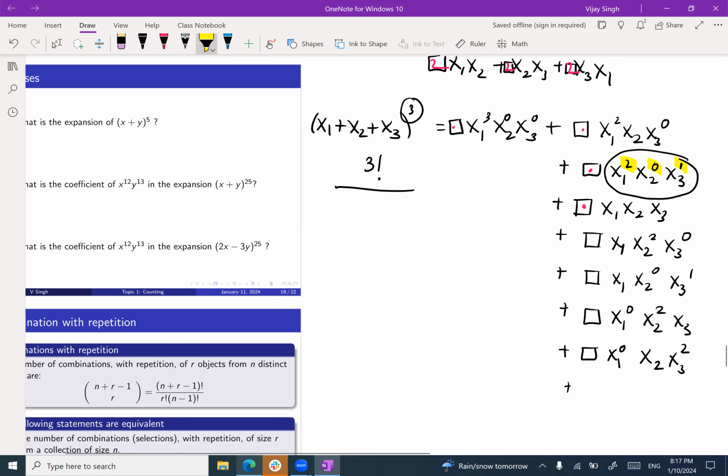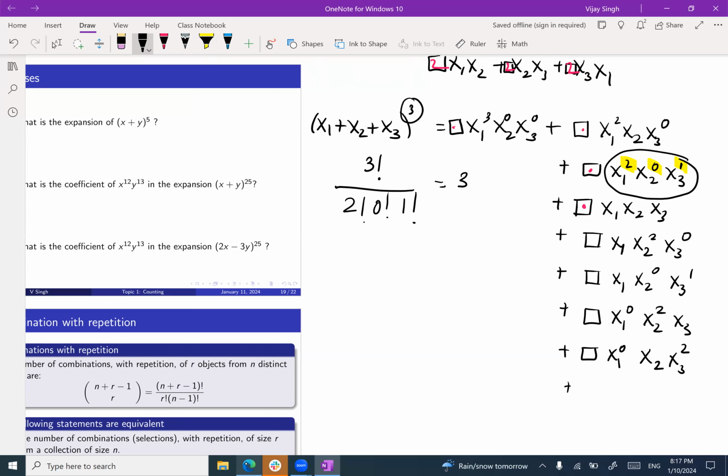Multinomial theorem says simply that it's going to be 3 factorial divided by 2 factorial, 0 factorial, 1 factorial. That's what multinomial theorem says. So if you do this, you will have coefficient to be 3 for x1 square, x2 to the power 0. This is what multinomial theorem is telling you. That's all. Is the idea making sense to you?